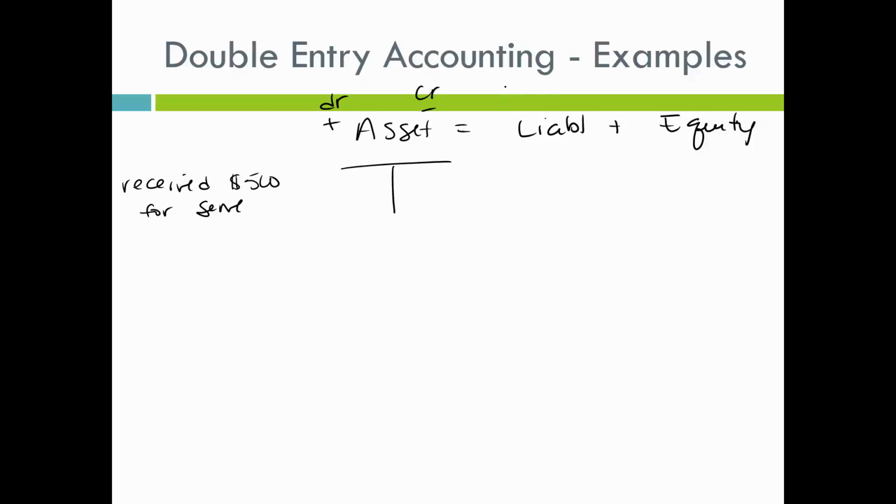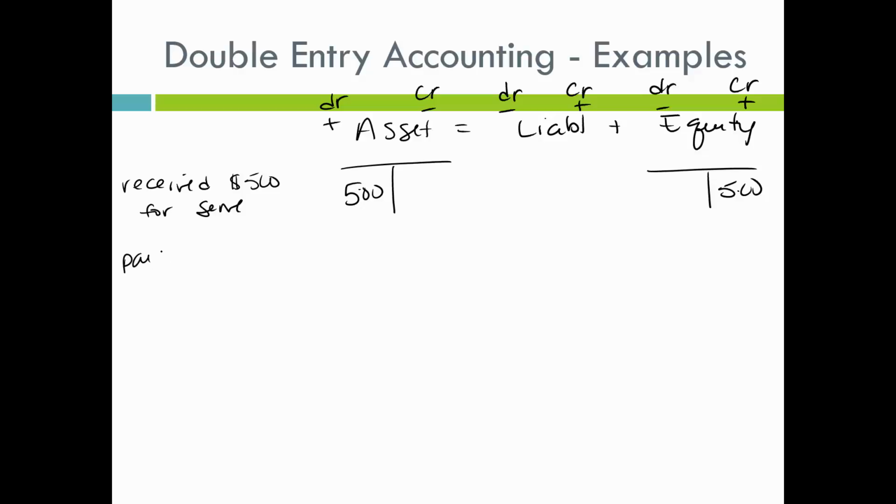It's the opposite for these guys: a debit is a minus, a credit is a plus. If I received cash, that asset is increasing, so that's the debit. I would put the 500 over here. If I received it for services, that's revenue. Revenue adds to equity, so that should be on the credit side. So I've got one debit and one credit, and the accounting equation is still in balance.